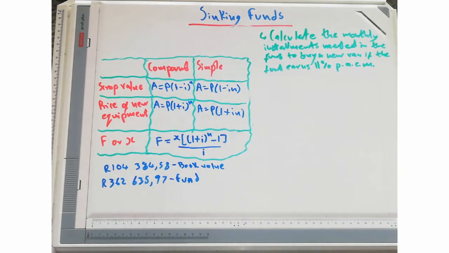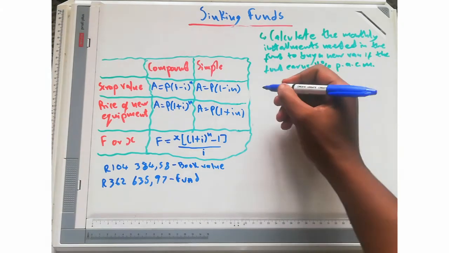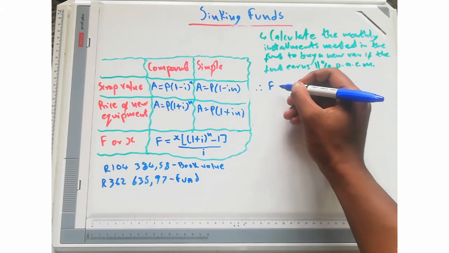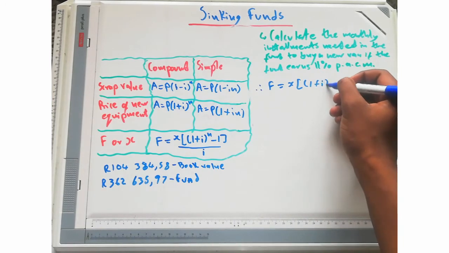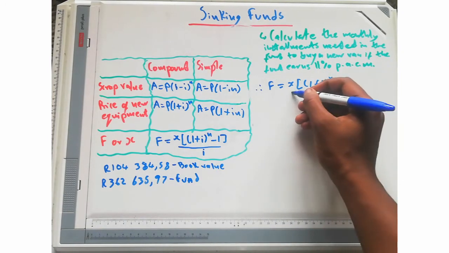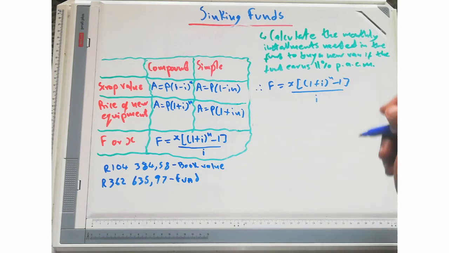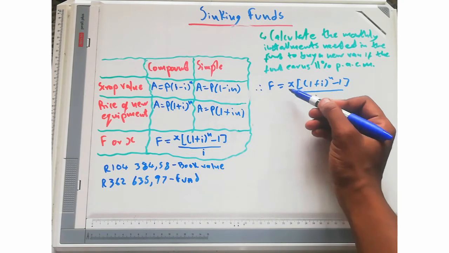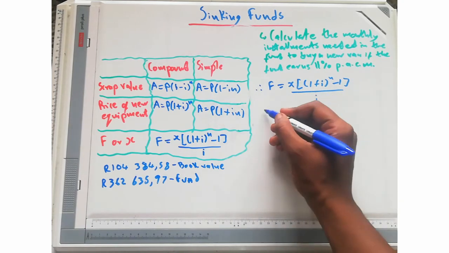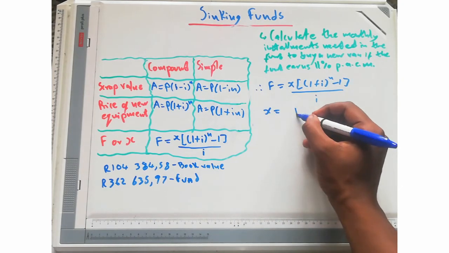So for this one, you use your future value annuity formula. But then remember, we are looking for what? Monthly installment. So we are looking for our X. So you have to make your X the subject of the formula.